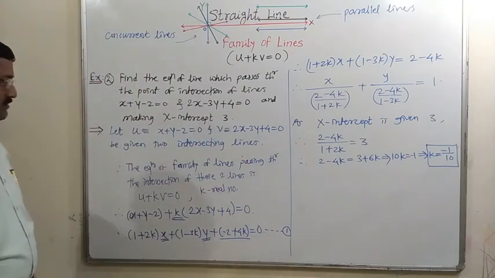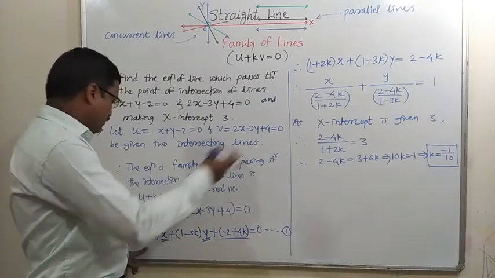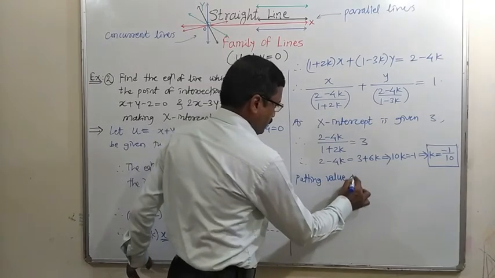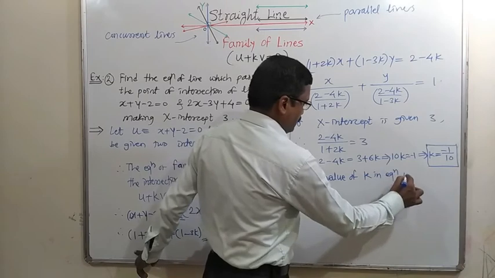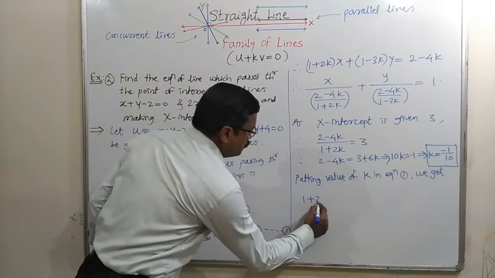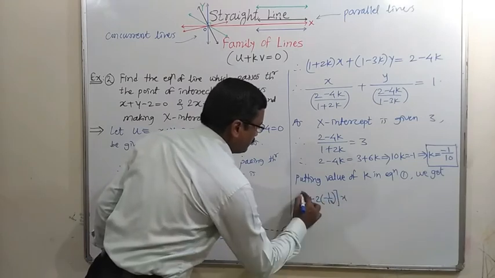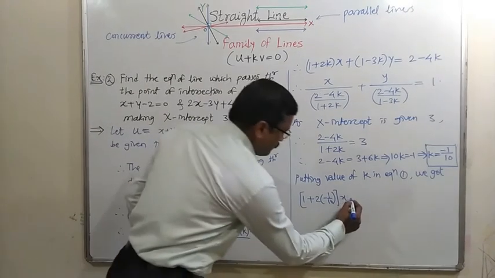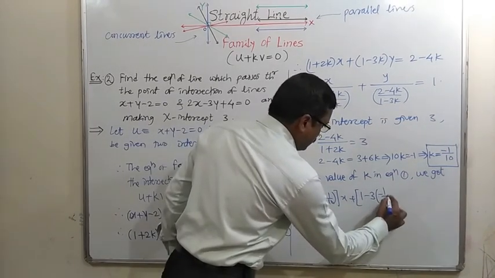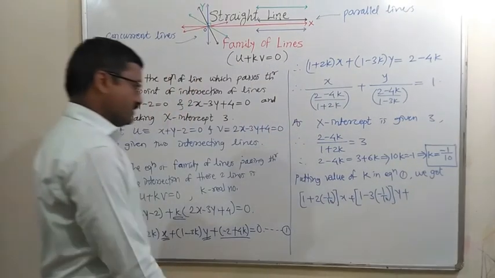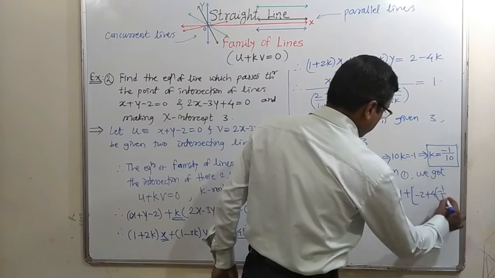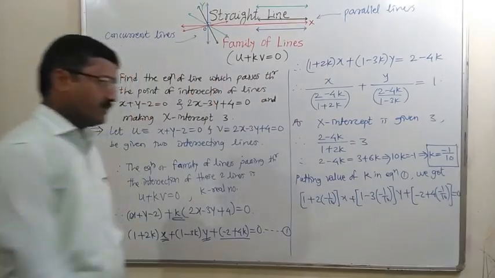Putting the value of k in equation 1, we get (1 plus 2 into minus 1 upon 10) x plus (1 minus 3k) y, where k is minus 1 by 10, plus (minus 2 plus 4k) is equal to 0.